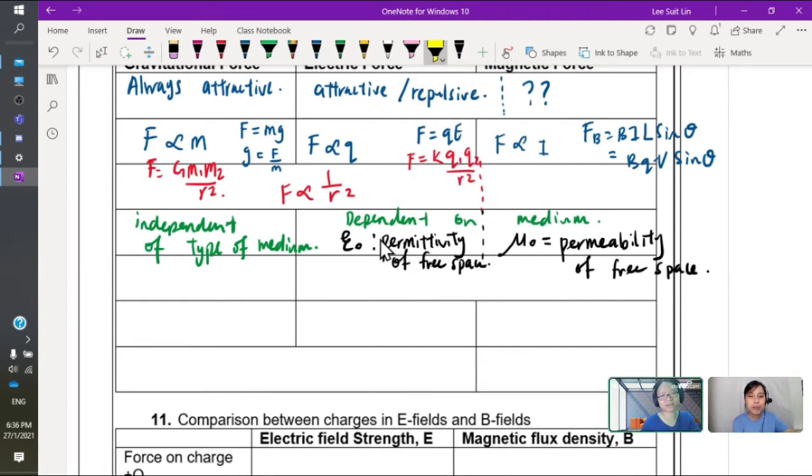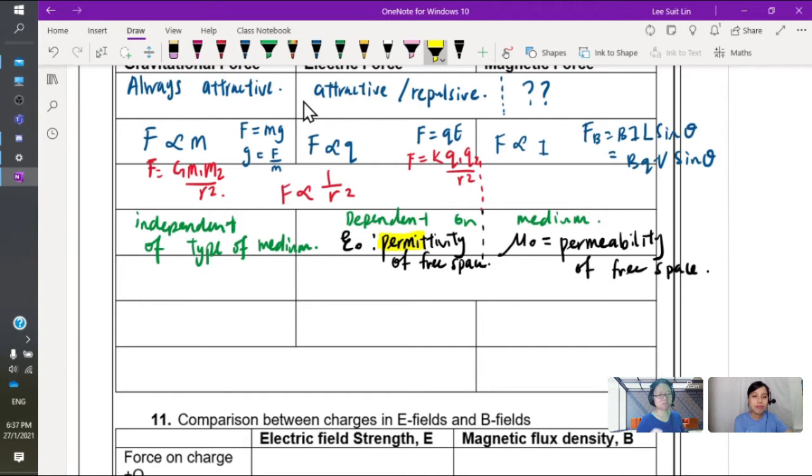I think the word permittivity is used because, let's say there's a charge and it wants to set up an electric field, whether you put the charge in oil or water or vacuum, that space or medium will permit the field to be set up. Hence they use the word permittivity.